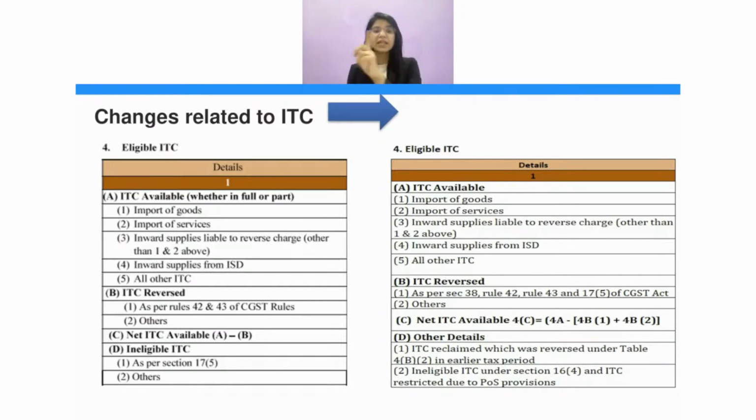And if there is some ITC coming in 2B, but you are not allowed to claim ITC right now, what you do is show that ITC under 4A5 and at the same time also reverse it under 4B2. So while you're filing the return for the month of October, and if you have not done it already, you show that ITC under 4A5 and also show the reversal, which is the temporary reversal under 4B2.